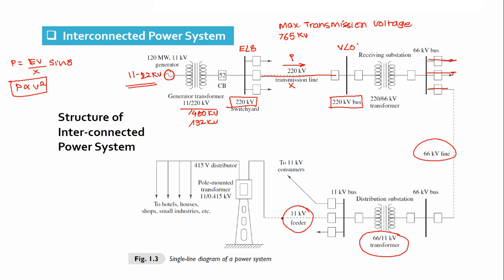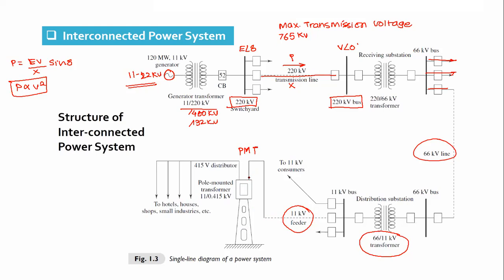This is called the feeder. For lower voltage rating, we use the word feeder. For higher voltage rating, we use the terminology transmission line. So here it is an 11 kV feeder, which will terminate at our pole mounted transformer. You can see it nearby your home anywhere, where the transformer is mounted over the pole.